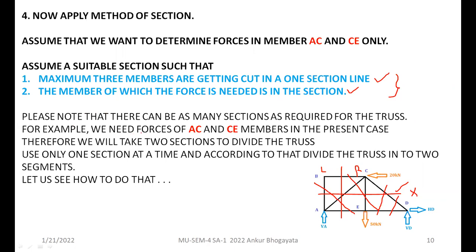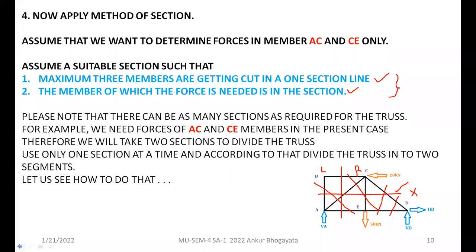For example, we need forces in the AC and CE members in the present case. Therefore, we will take two sections to divide the truss. Use only one section at a time, and according to that, divide the truss into two segments. So another point to be remembered is, at a time you will entertain only one section.